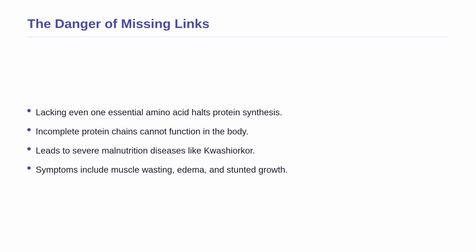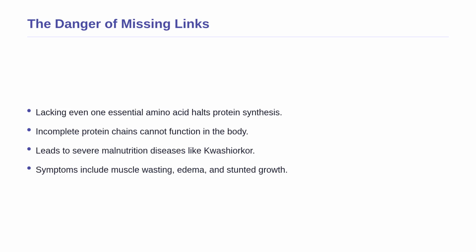Imagine trying to build a brick wall, but running out of cement. The wall cannot be completed. Similarly, a protein chain cannot be completed if a required link is missing. This tragic situation leads to severe malnutrition diseases like kwashiorkor, which is characterized by devastating symptoms such as muscle wasting, edema, and stunted growth in children.